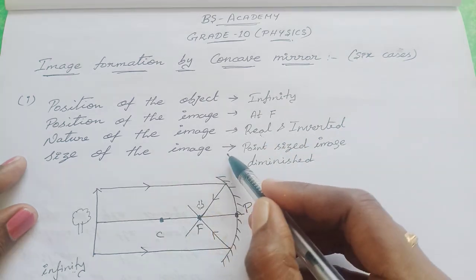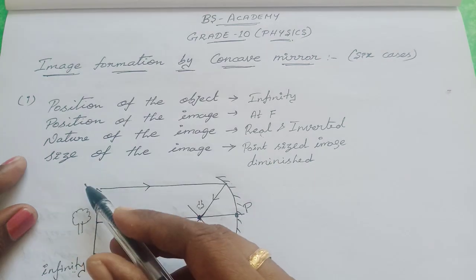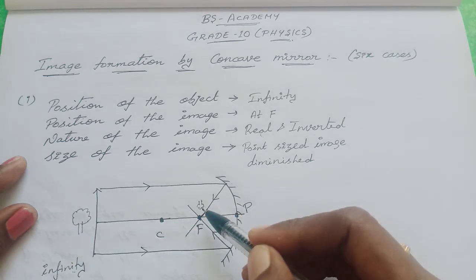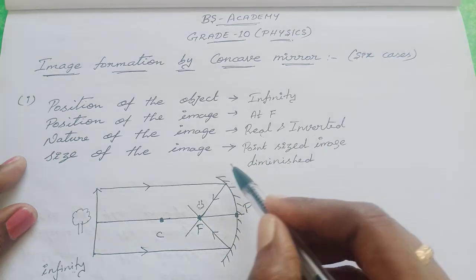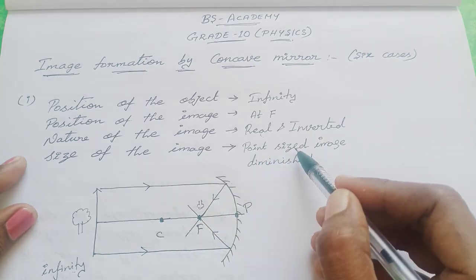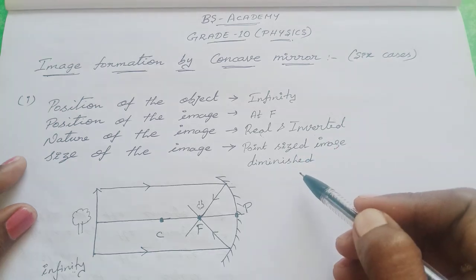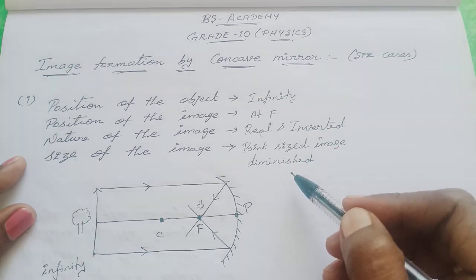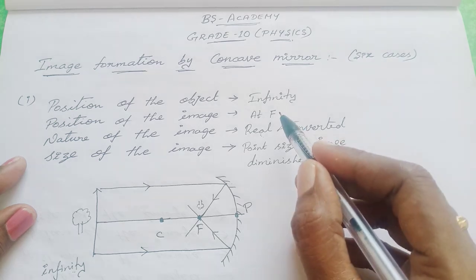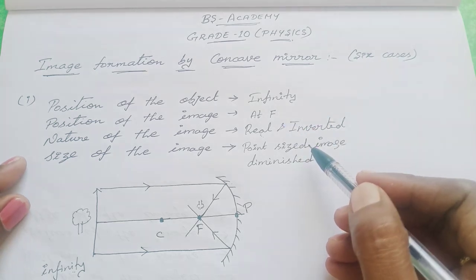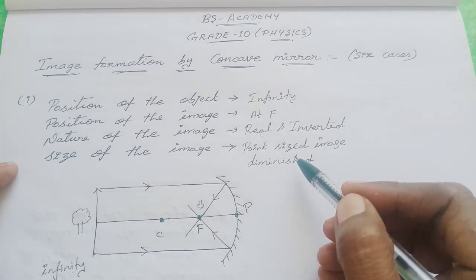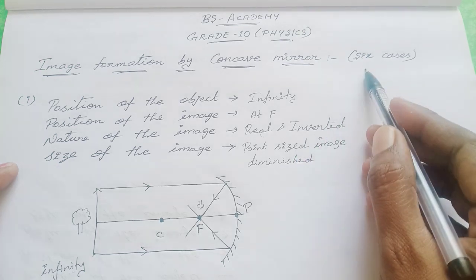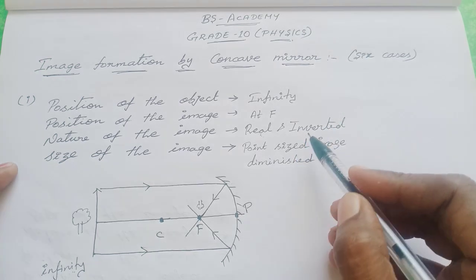Then what will be the size of the image? When compared to the size of the tree, the image obtained on the screen will be very small. Therefore we can say the size of the image is point-sized. Is it clear, children? So this is about the first case of the concave mirror. Likewise, we are going to discuss the remaining 5 cases of the concave mirror one by one.